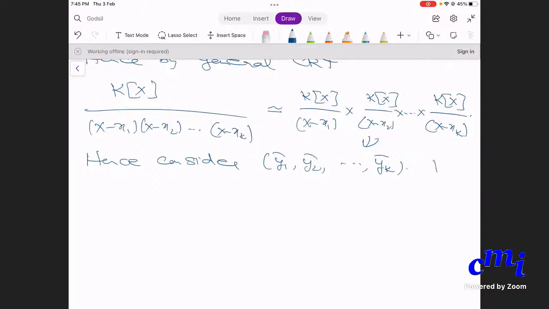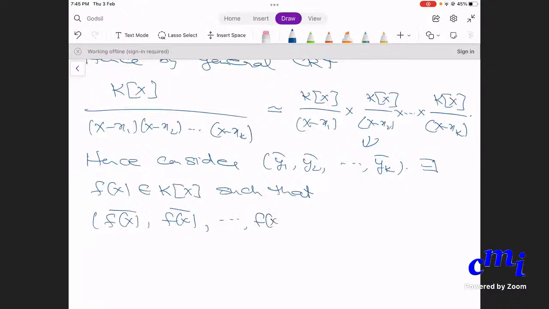So there exists some f(x) in K[x] such that f(x) bar equals (y1 bar, y2 bar, up to yk bar). That's what the Chinese Remainder theorem says, right? In fact, because this is an isomorphism, this f(x) is unique up to, okay, I'll come to uniqueness later. First of all, there exists an f(x) in K[x] such that this happens.